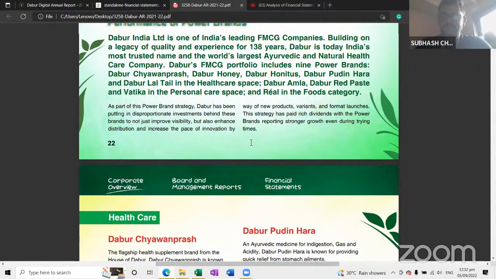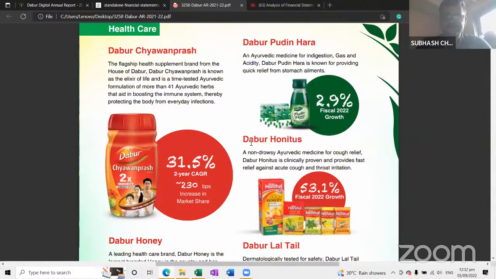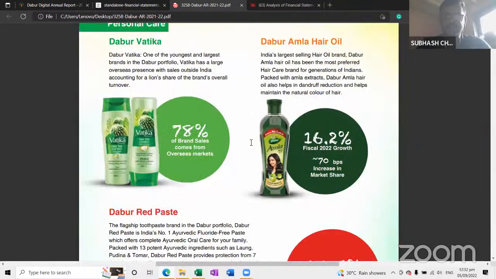If this is very complex, something which is not clear and does not give me a clear cut idea, then it won't be useful. The healthcare products, and in healthcare and personal use, maximum is on first track. Food and beverage is the least one.